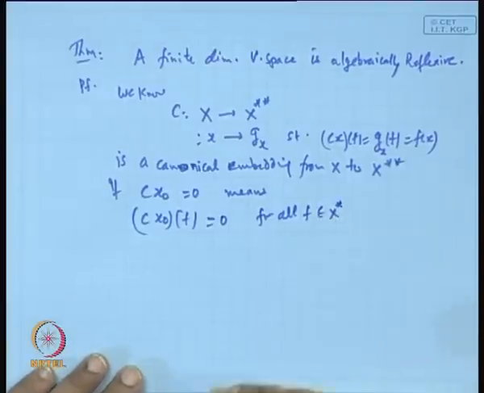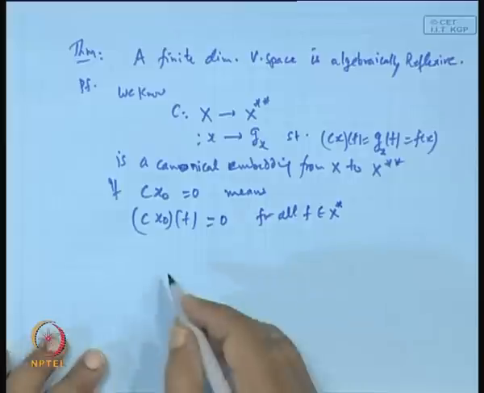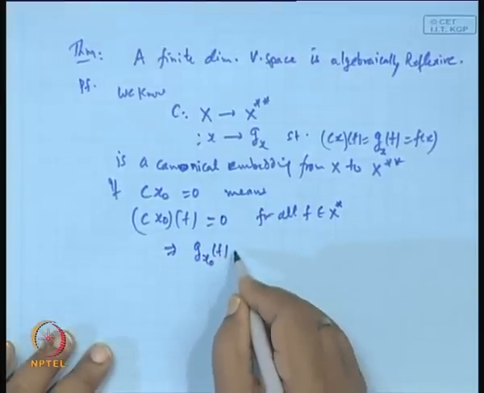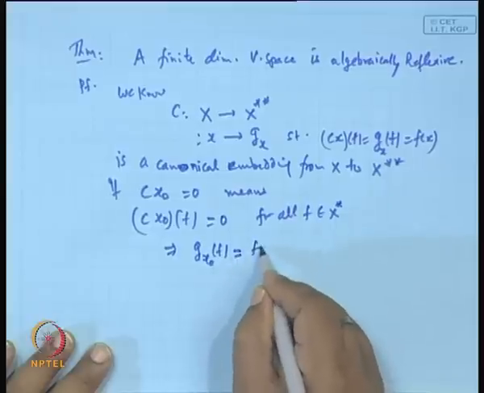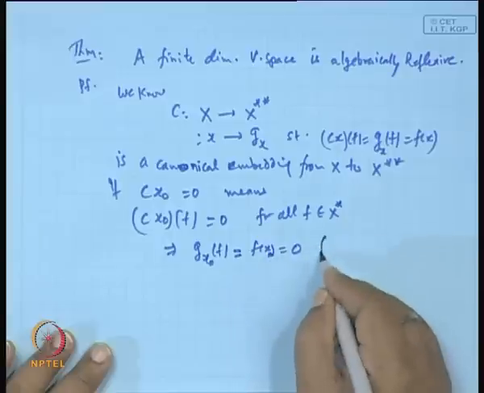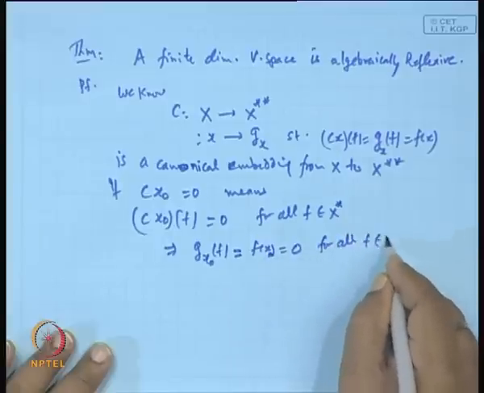Clear? So, this implies that g of x0 f, which is equal to f x0, is 0 for all f belonging to X*.